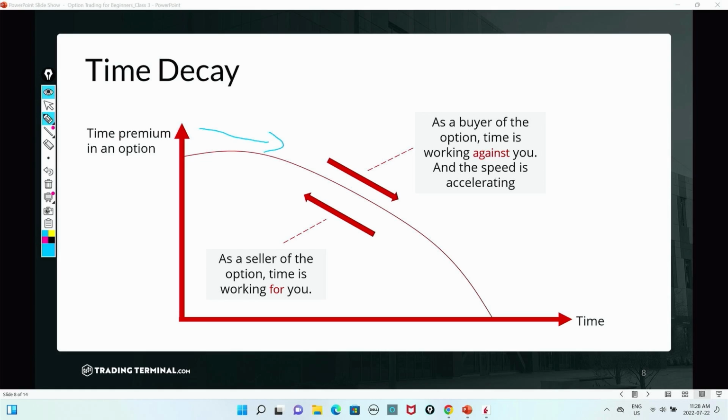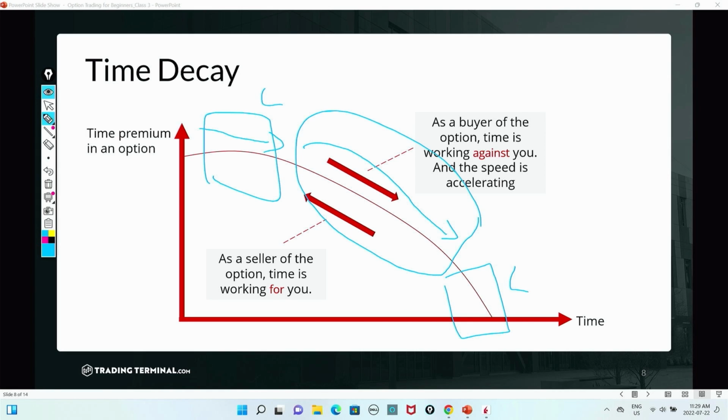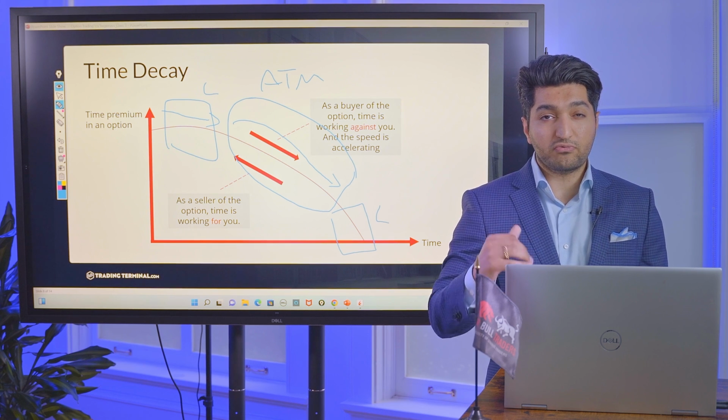And near the expiry, for an at the money contract, it becomes exponential. And at the very end, it becomes linear again. So it starts linear, I put an L for linear, and it finishes linear. And during the bulk of the time to expiry, it becomes exponential, especially for at the money contracts. Those contracts lose their value really quickly.